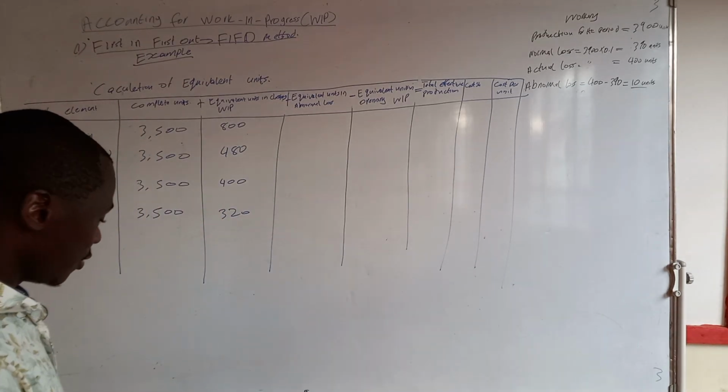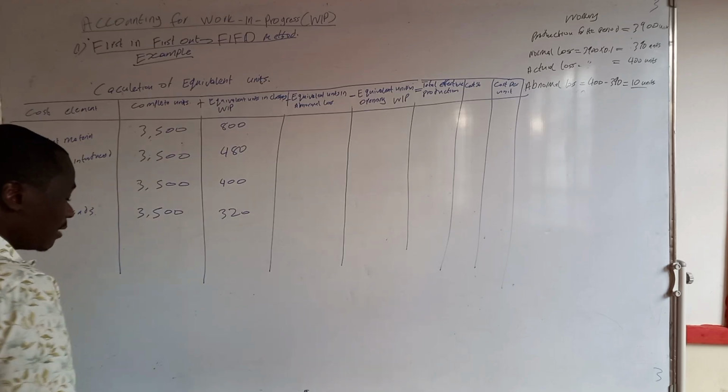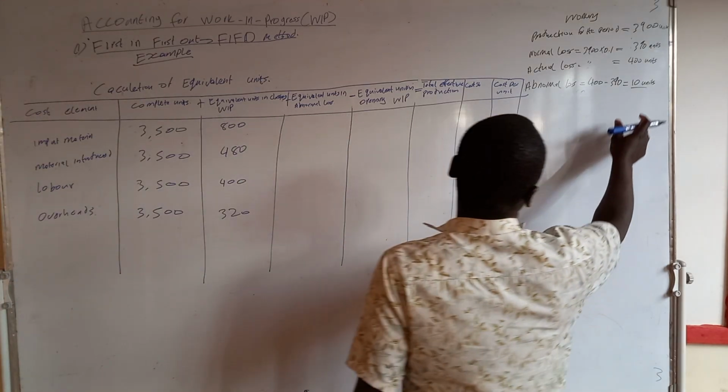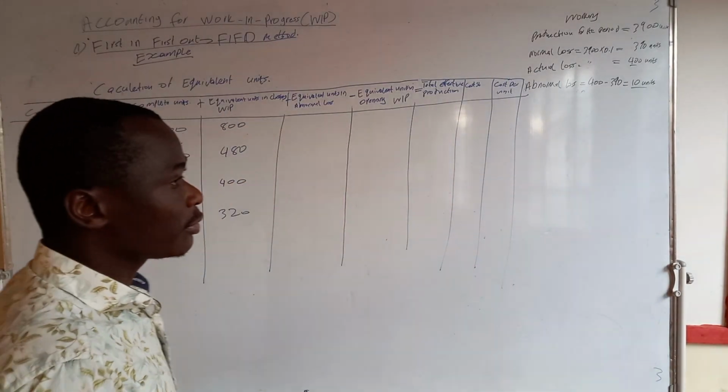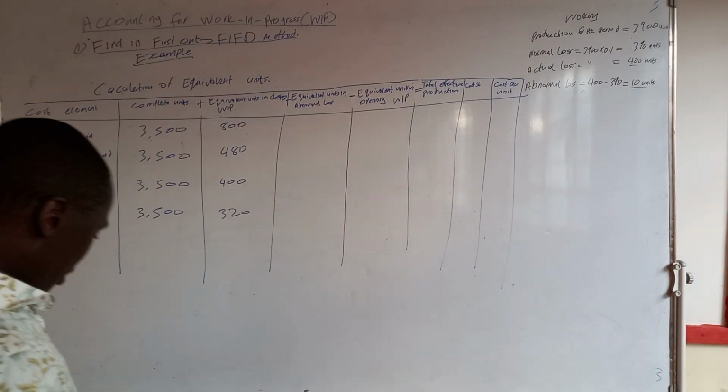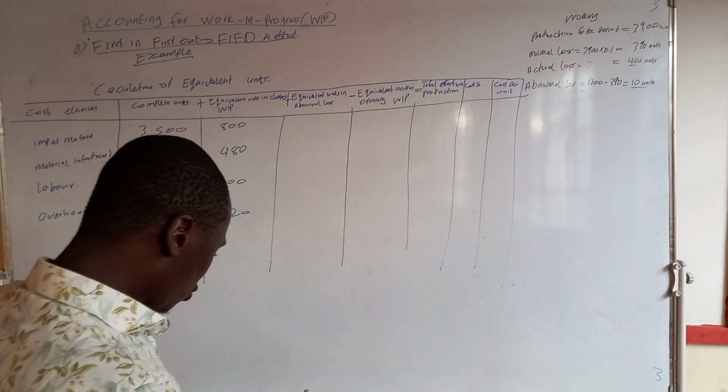Remember, this 10 came from 400 units that were scrapped, okay? So, in terms of completion, input material was 100%.